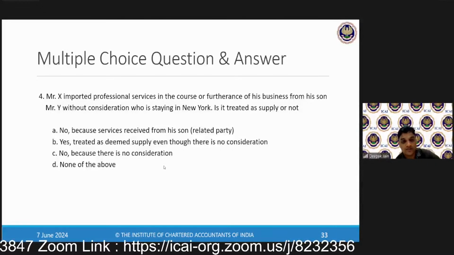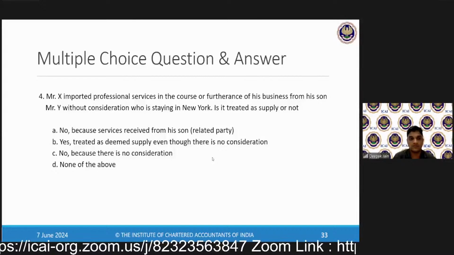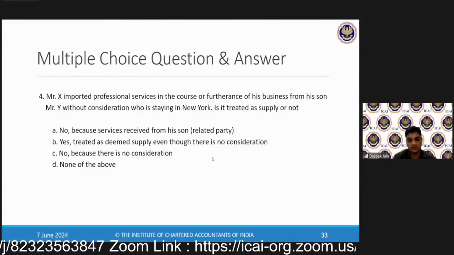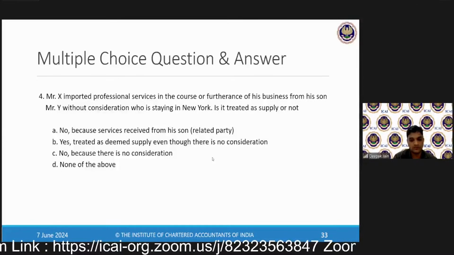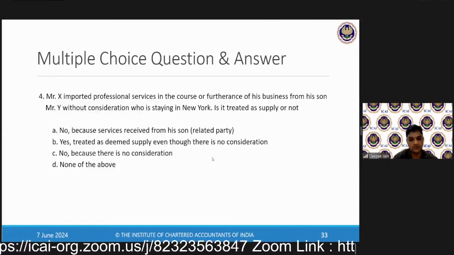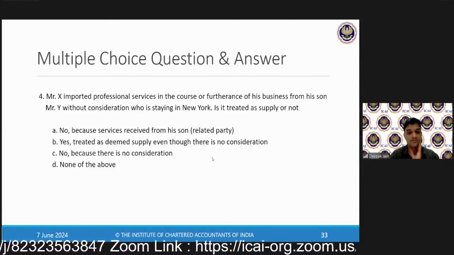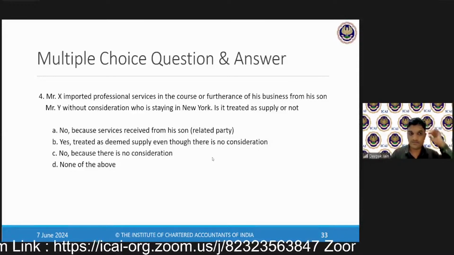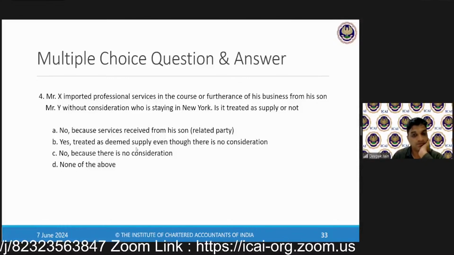Is it treated as supply or not? Options A, B, C all chosen.